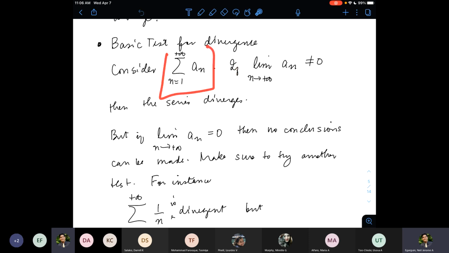So you look at your series, take a look at what a_n looks like, and then at least mentally check what the limit of a_n is. If the limit of a_n is not equal to 0, then you're good because the conclusion is that the series diverges. If the limit is 0, no conclusion can be made, right? So the basic divergence test will not apply if the limit of a_n is equal to 0.